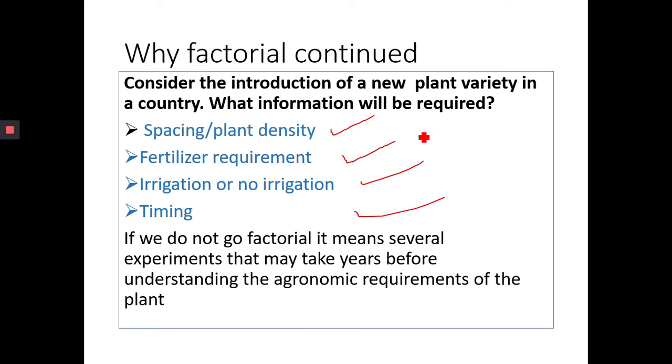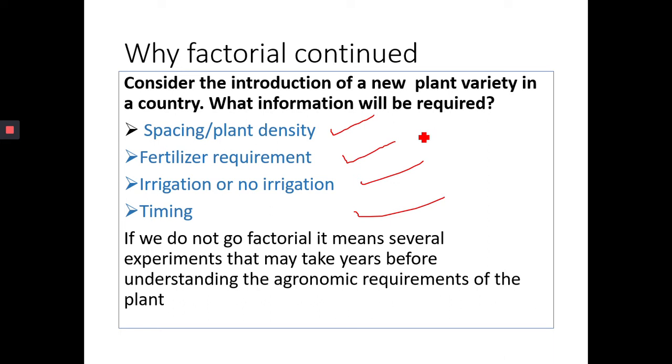And then you do timing, where you may say early planting, maybe November, December, January, and so forth. Now, if you do it that way, this variety will not be released at all. It will take a couple of years. In fact, the researcher might even die before getting the results or communicating the results.